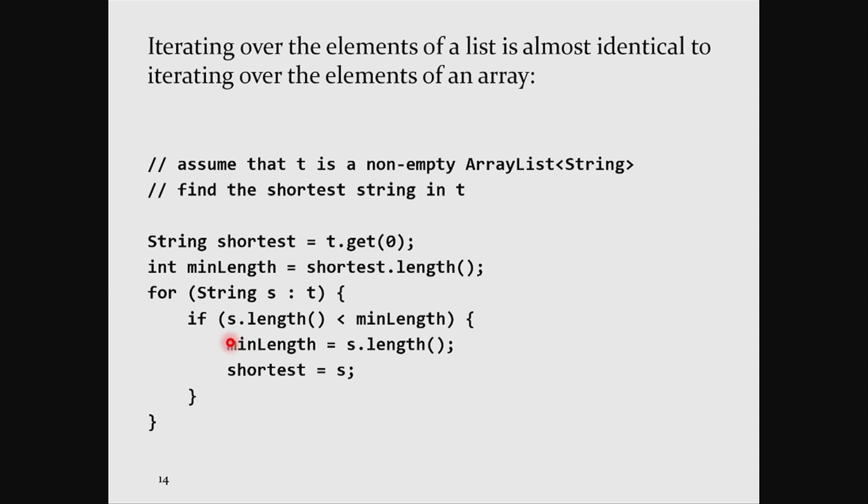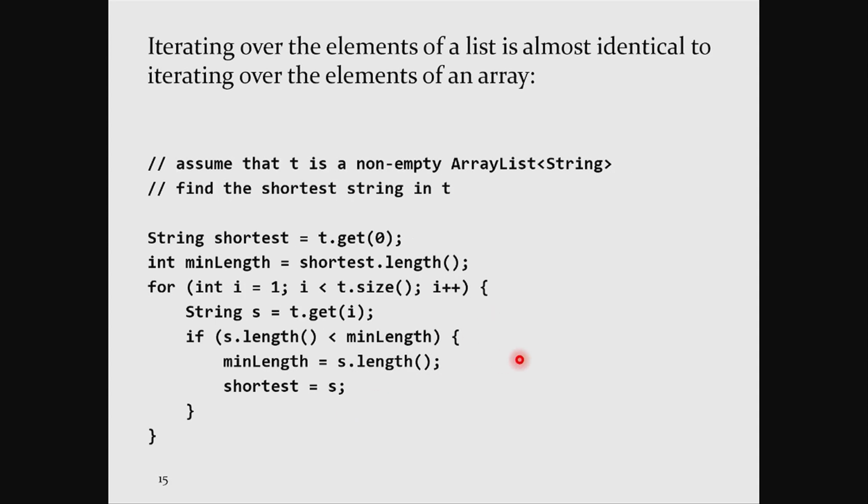So if s.length is less than the min length, then I know I found a string that's shorter than the current shortest string. So the min length now becomes s.length, and the new shortest string becomes s. And that will visit every element of the list, comparing the length of each string in the list to the current shortest string.